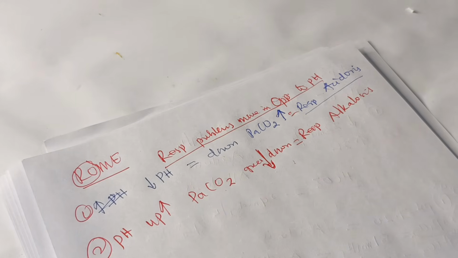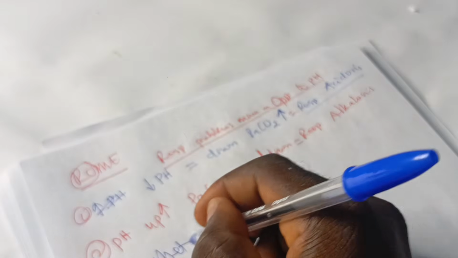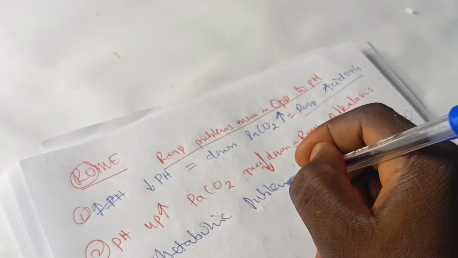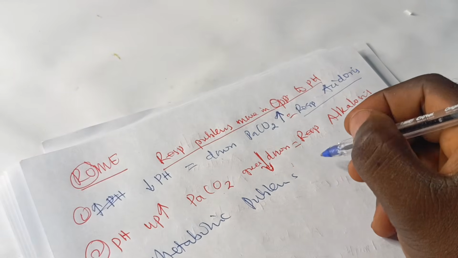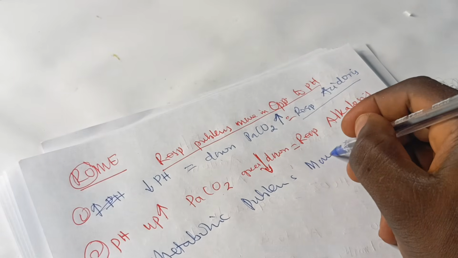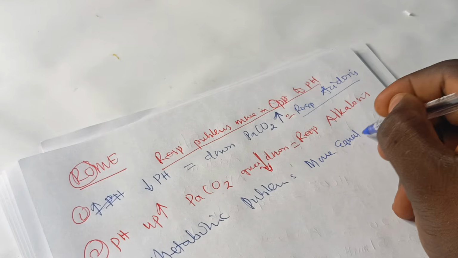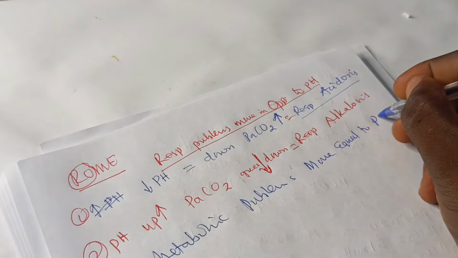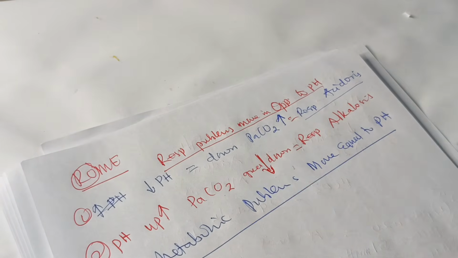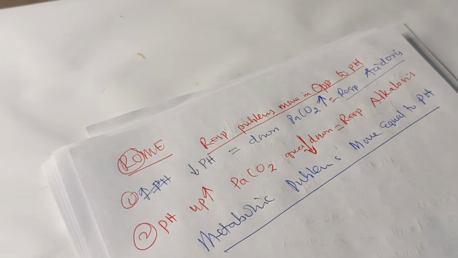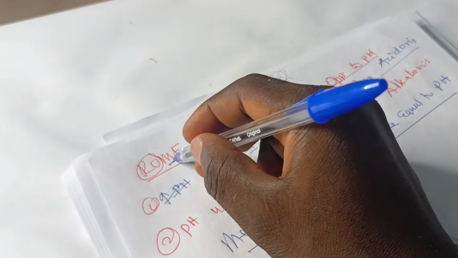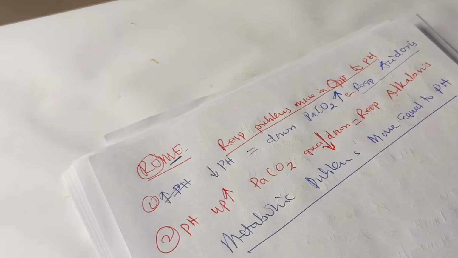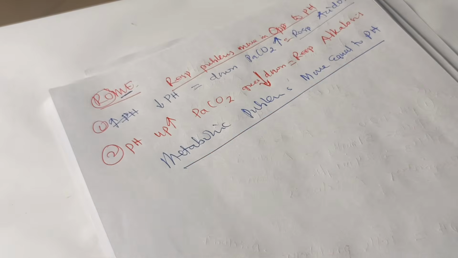Then we said metabolic problems do what? They move equal to the pH. Looking at the rule, metabolic are equal, right?